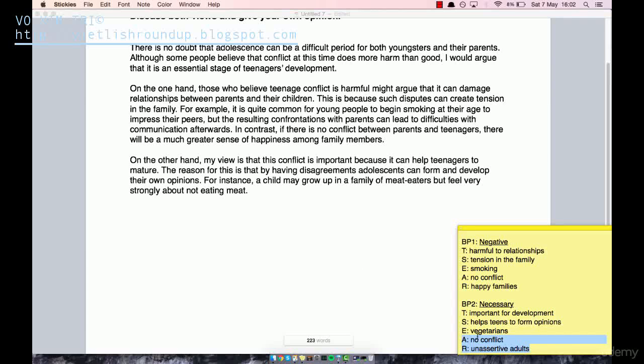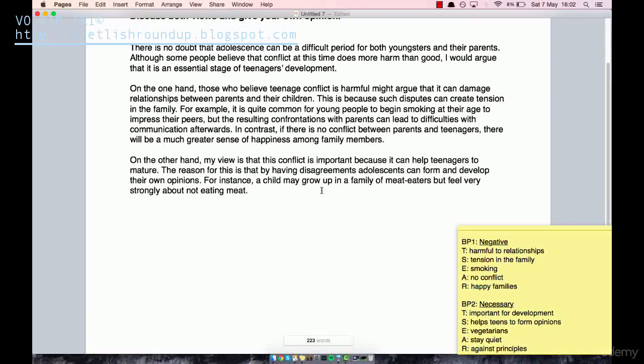So what I'm going to do instead here is I'm going to remain with the same example, and we're going to look at the alternative, not of no conflict in general, but the alternative of this specific example. So no conflict, or stay quiet about being a vegetarian, and then the negative result of that. So, she'll be against principles.